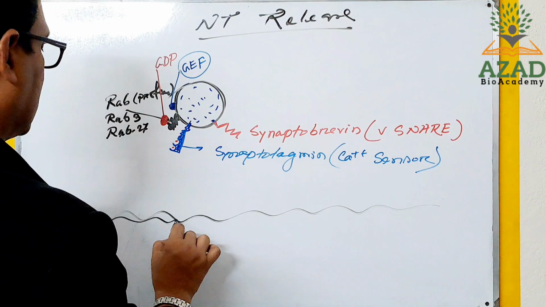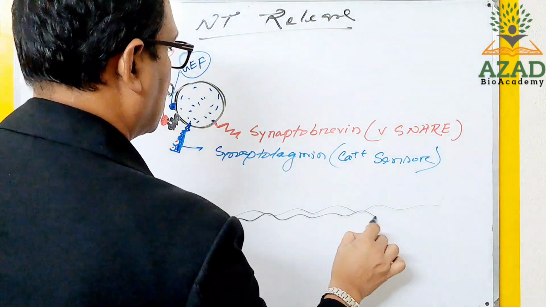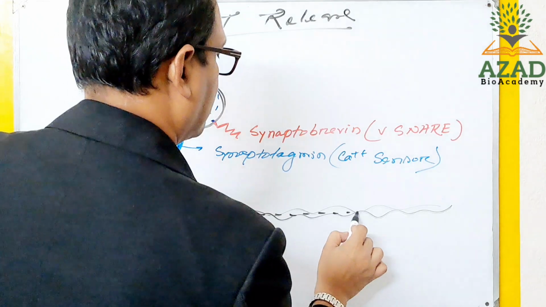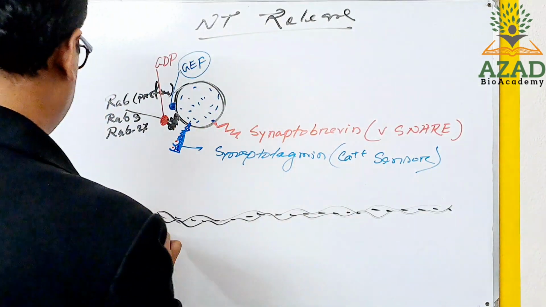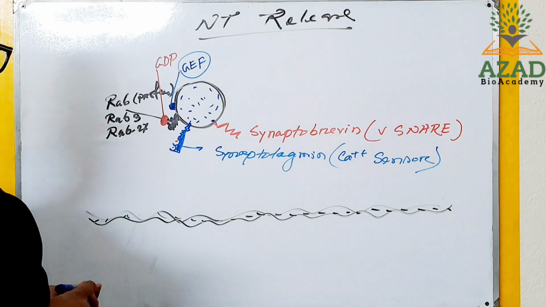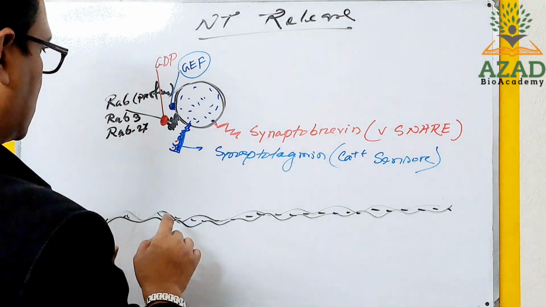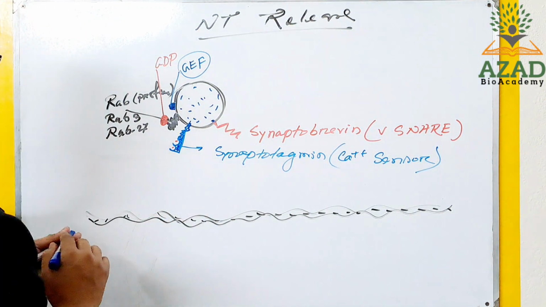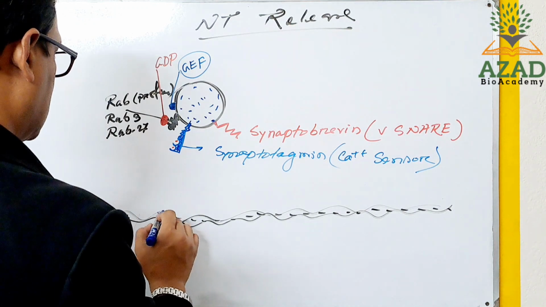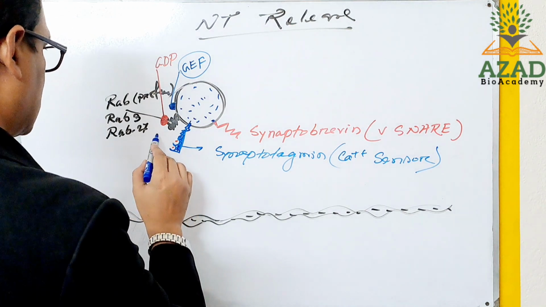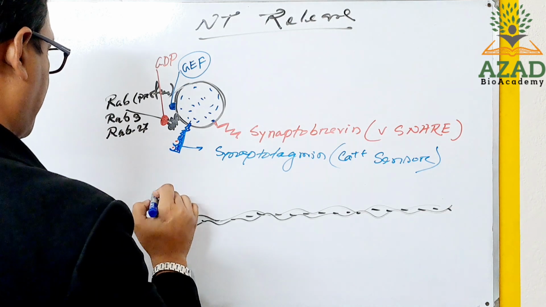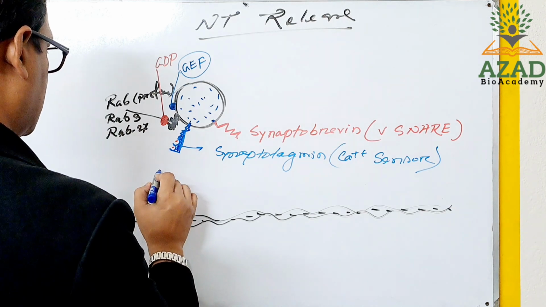You can say the presynaptic terminal. This is the lipid bilayer, and here something is connected. One is here, this one is, how can I draw it.